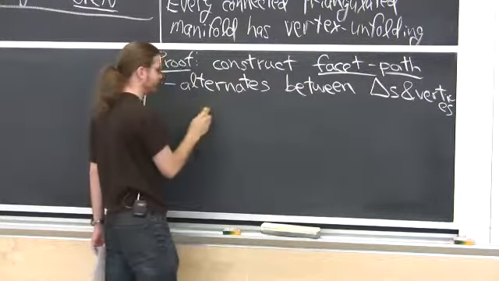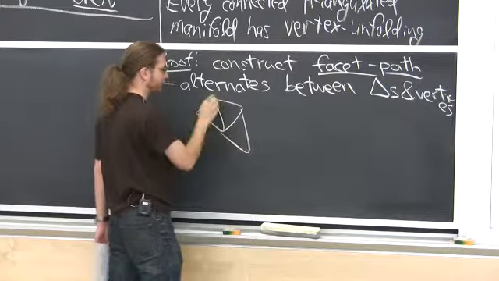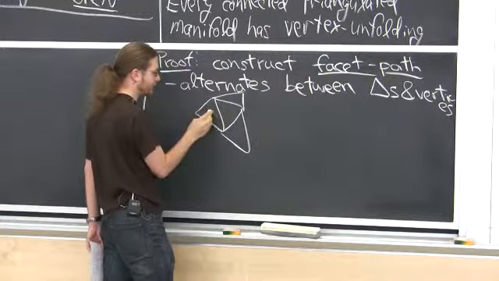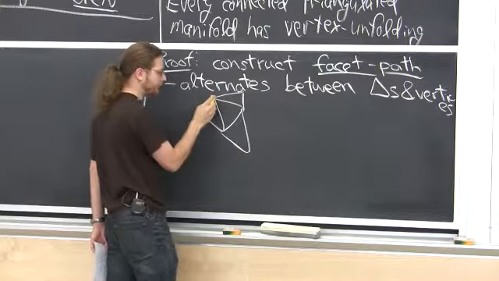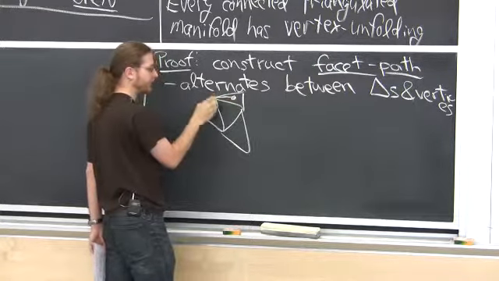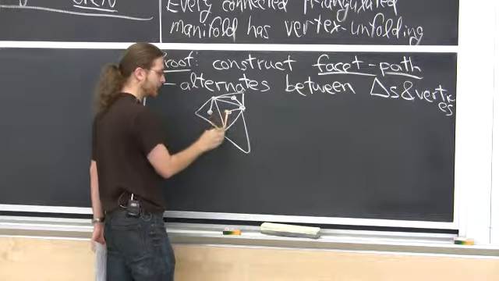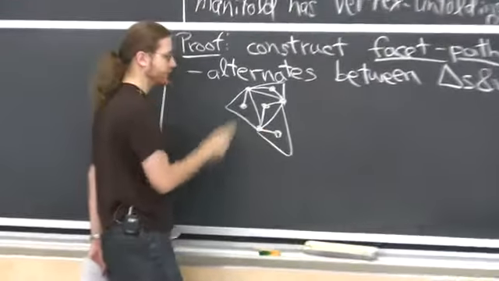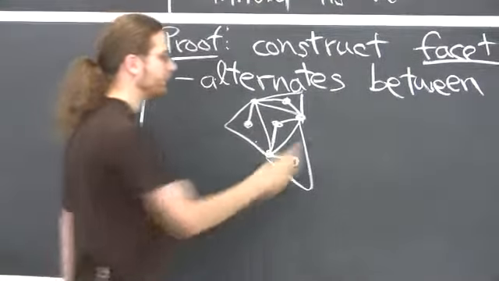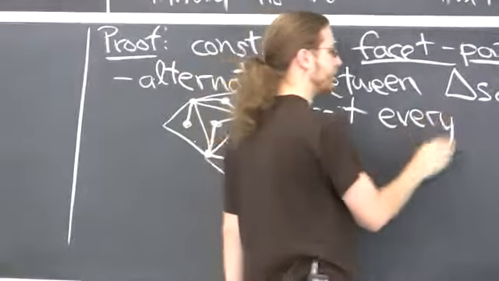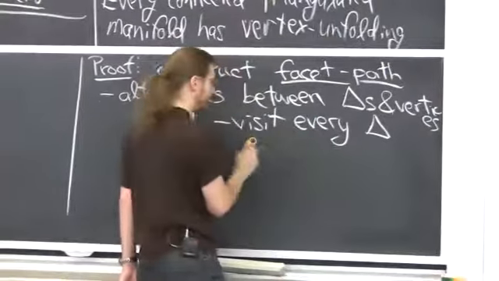So the idea is, let's say we're doing a tetrahedron. You start at a facet, then you go to one of its vertices, then you go to one of the facets that shares that vertex, then you go to a vertex, then a facet, then a vertex, then a facet. This is a facet path. It should visit every facet, every triangle, exactly once.